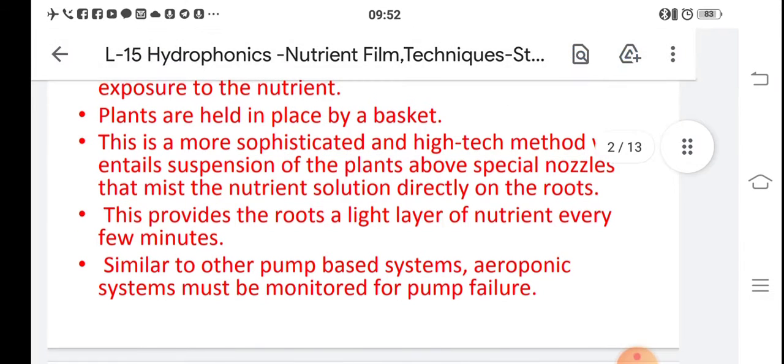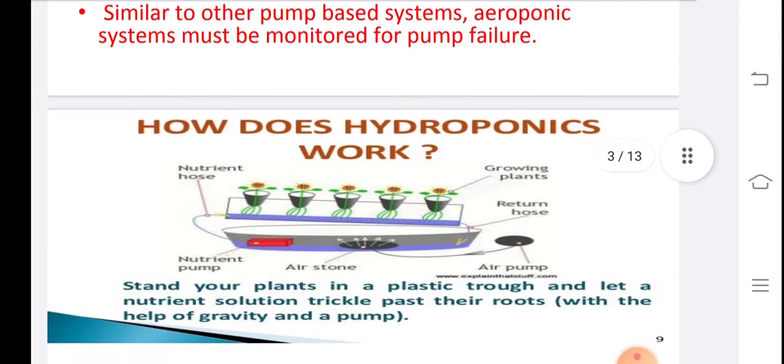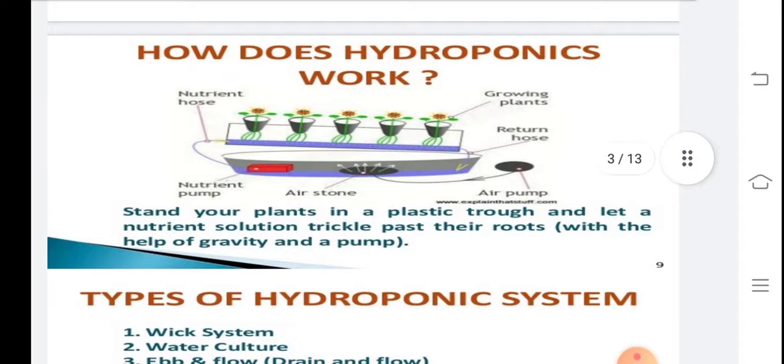Then next, how hydroponics works. We have already seen it, but again we will see. Here you are observing the growing plants, then there is a nutrient hose, a pipe, and a return hose after it is collected, and generally there is an air pump and nutrient pumps.